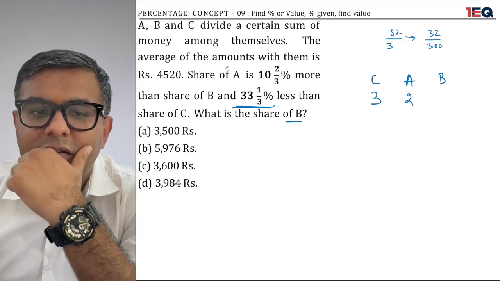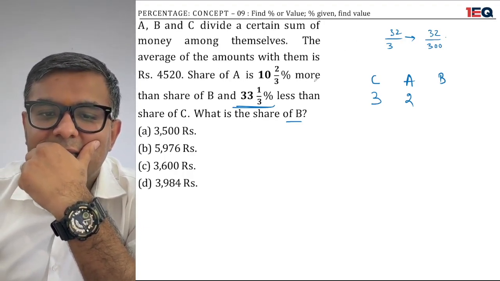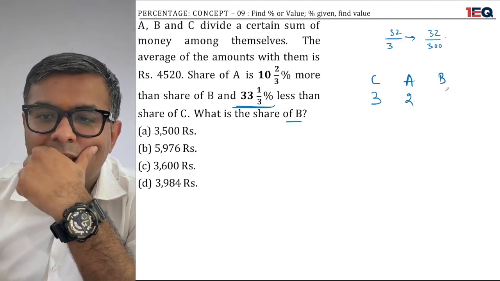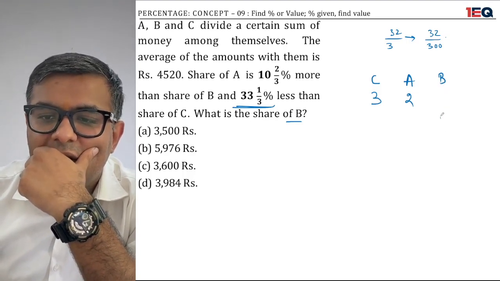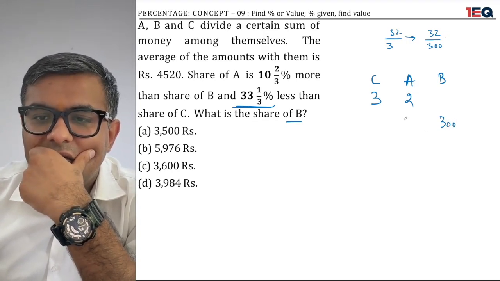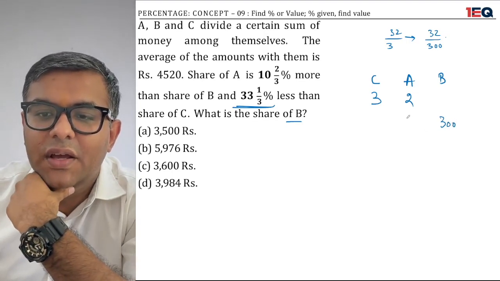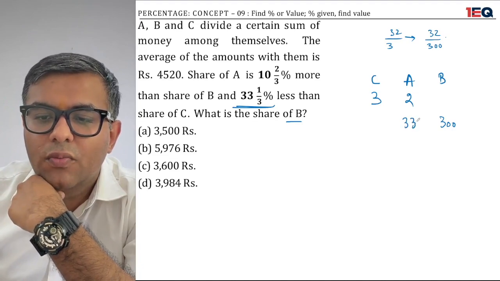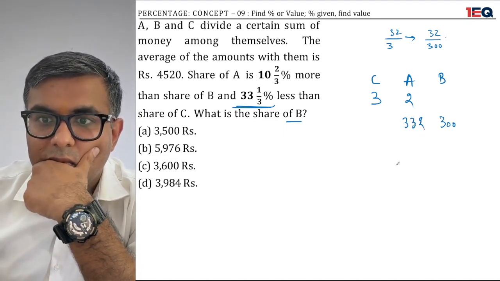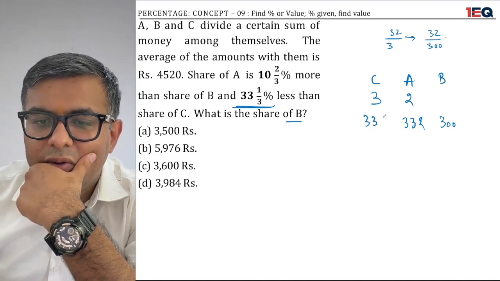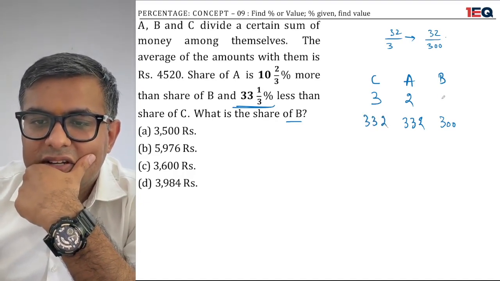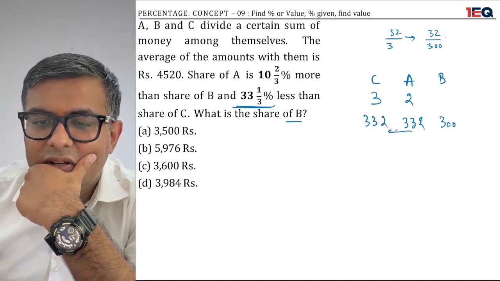Okay, the share of A is this much more than the share of B. If the share of B is 300, then the share of A would be 332. Okay, did you get it? I am going to use the standard point. This moves here, this moves here.